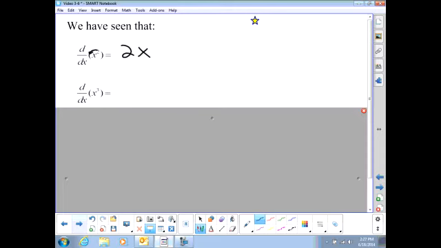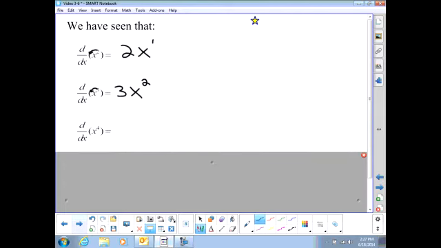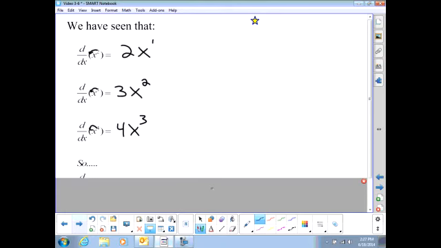So really, this is 2x to the first. If we have x cubed, the 3 will multiply the 1 out front to give us 3x. And we know a cubic should then become a quadratic, so it goes down 1, so 3x squared. If you have x to the fourth, the 4 multiplies the 1 out front, so 4 times 1 is 4x. And if you had a function to the fourth, the derivative should now be to the third.